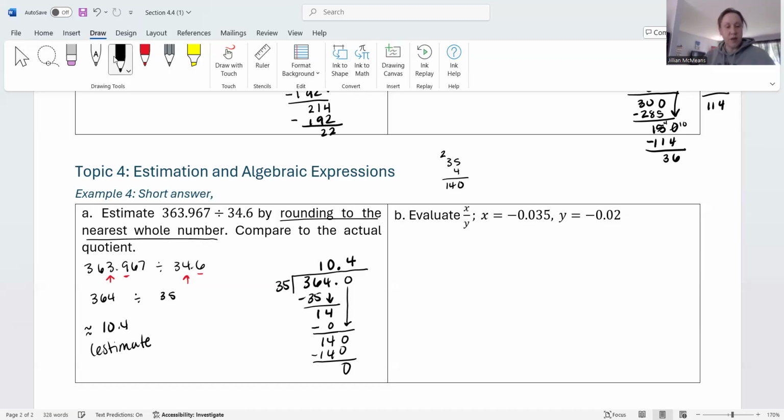Okay? Now, let me type this out on my calculator so I can switch over to the screen. I don't have a piece of paper. 363.967 divided by 34.6. Okay, so let's go to the calculator. For the actual quotient, I'm going to let us cheat and use the calculator for the sake of time. So the actual quotient, we're going to take the regular numbers before we round them.